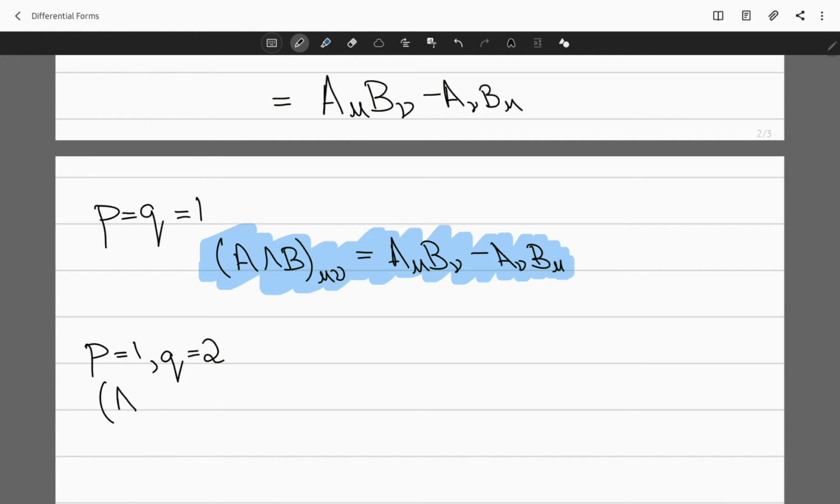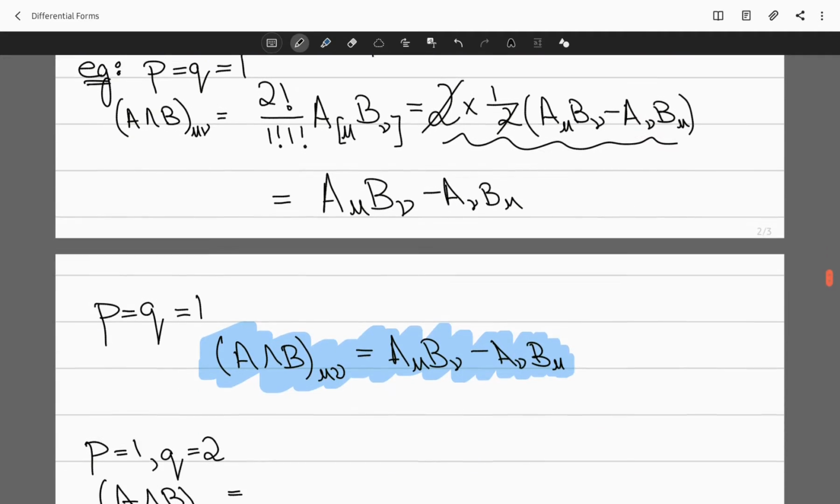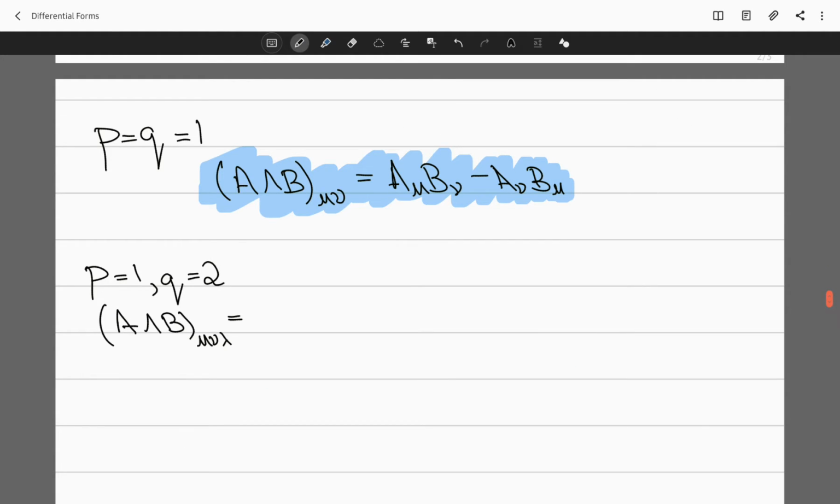So if you were to take A wedge B, you would have mu, nu, and lambda. And if you have this, then if you go back over here, you will use this formula, we'll add p plus q just how it is. So let's actually go and apply that.